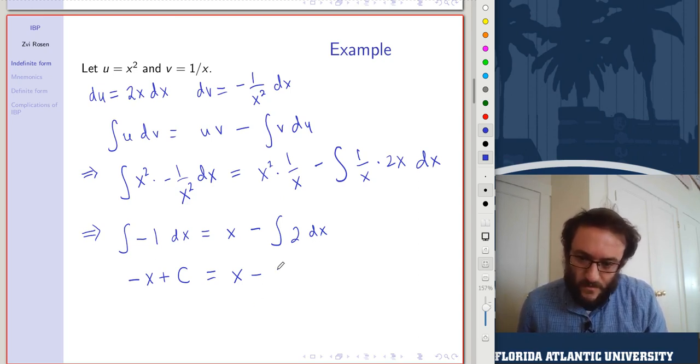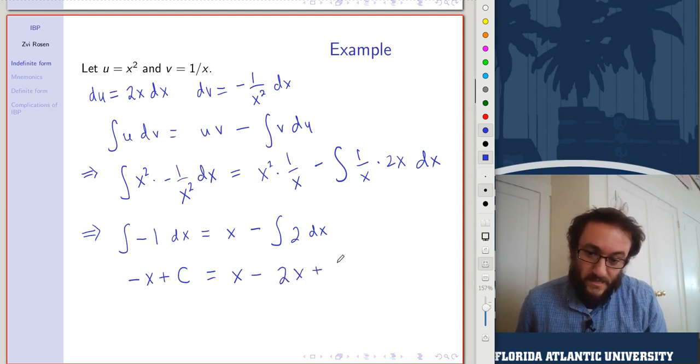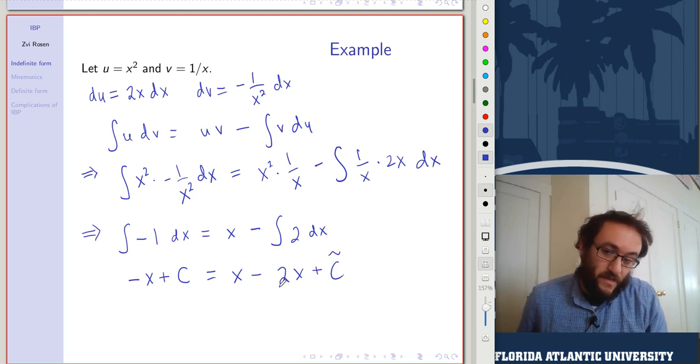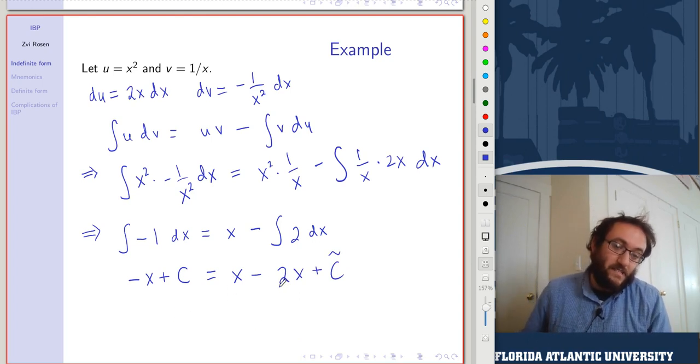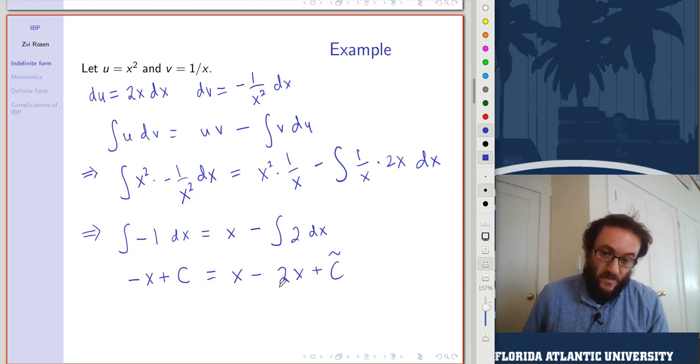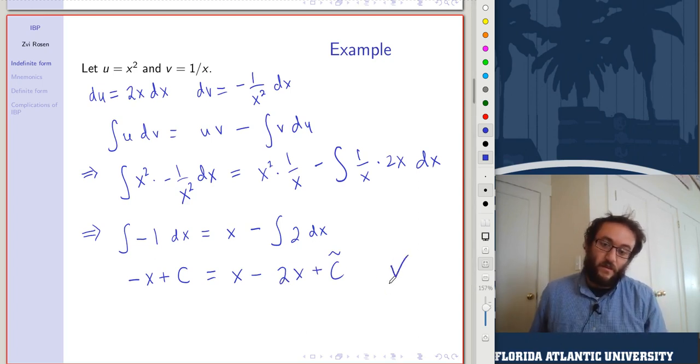I like tildes. x minus 2x plus c tilde. And we can see x minus 2x is minus x, and we have minus x plus a constant on both sides of the equation. So this confirms what we know about integration by parts.